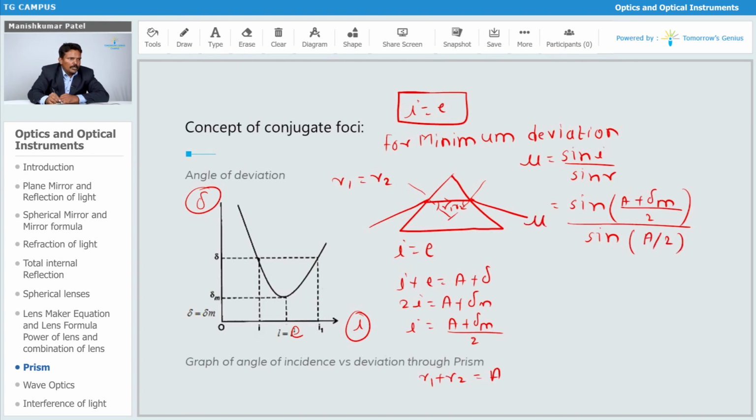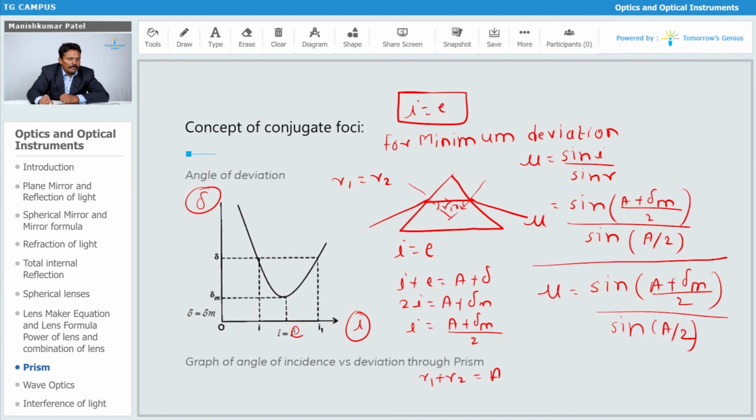So this is your prism formula. Mu is equal to sine of (A plus delta M) upon 2, upon sine of A by 2. This is what we call the prism formula, the expression that we have derived.